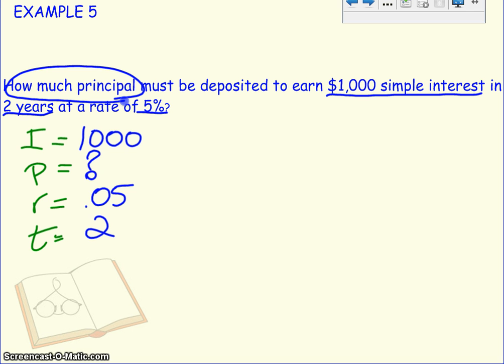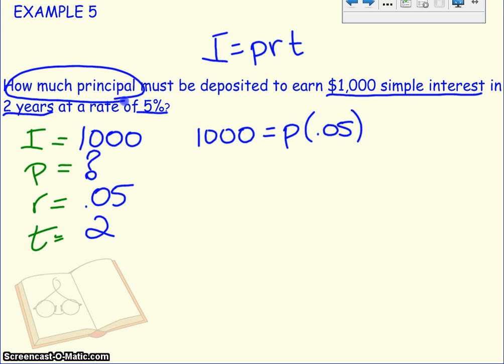I'm going to plug this in, and remember it's still I equals PRT. So plugging it in, interest is 1,000. Principal, we don't know. Rate is 0.05, and time is 2. Multiplying that out, I get that 0.1P equals 1,000.